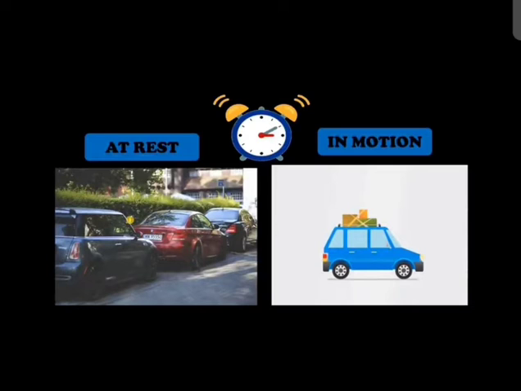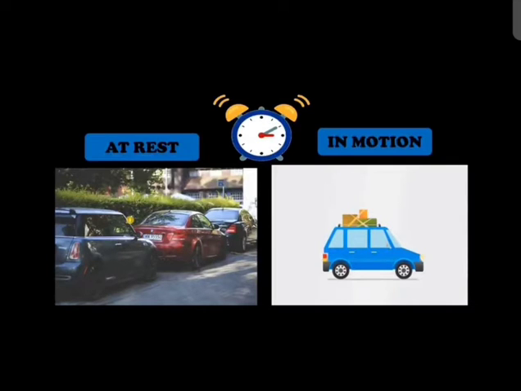An object is said to be at rest if its position remains constant with respect to the stationary object in its surrounding. And an object is said to be in motion if it changes its position with respect to a stationary object. So if an object changes its position, it is in motion, and if it does not change its position and remains constant, it is at rest.